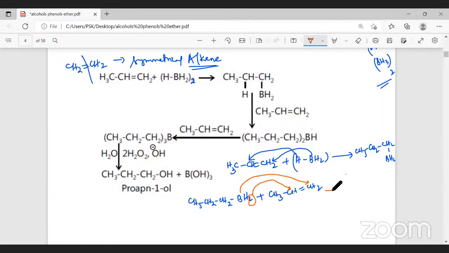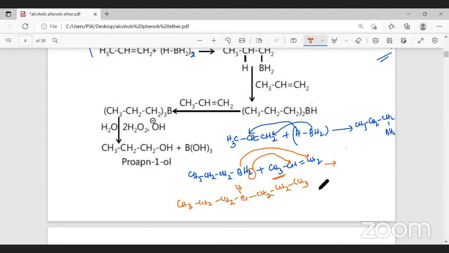So when the pi bond breaks, I have a product like this: CH3, CH2, CH2, BH, and here again I have CH2, this hydrogen attacking this carbon, so I get CH2 and I have CH3. Understood this?